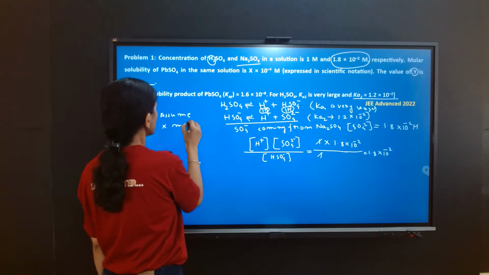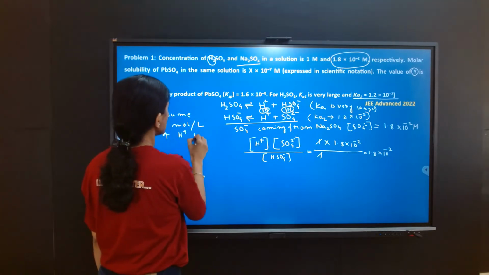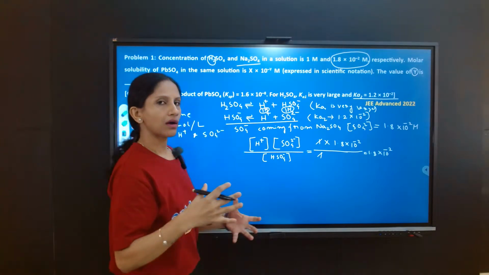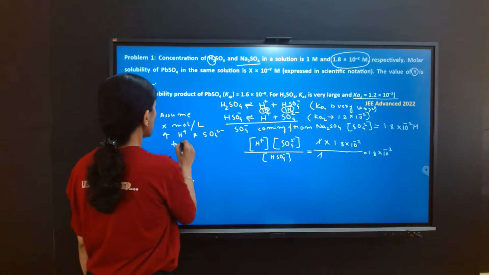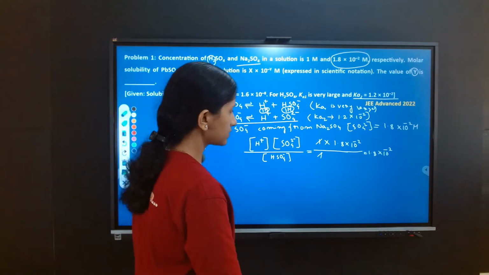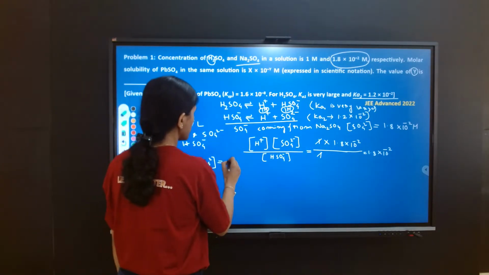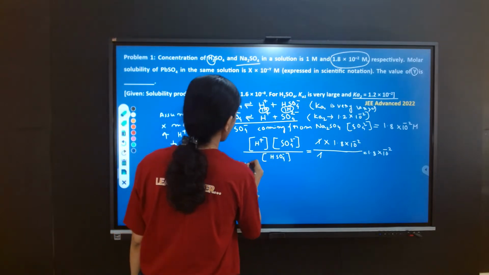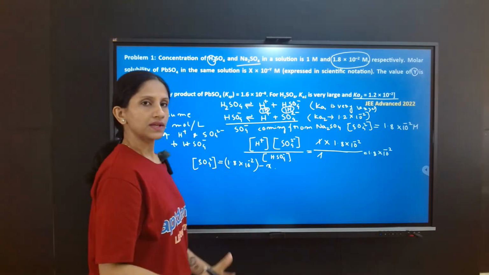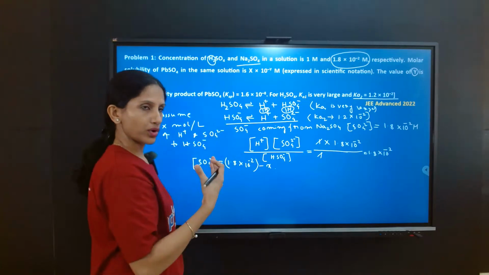Now, if we assume that x mole per liter of both H plus and SO4 2 minus are combined together to form HSO4 minus, what we can write is that the concentration of SO4 2 minus in that case is 1.8 times 10 to the power minus 2 minus x, because it is associated, so they are acting as reactant and this is acting as product.